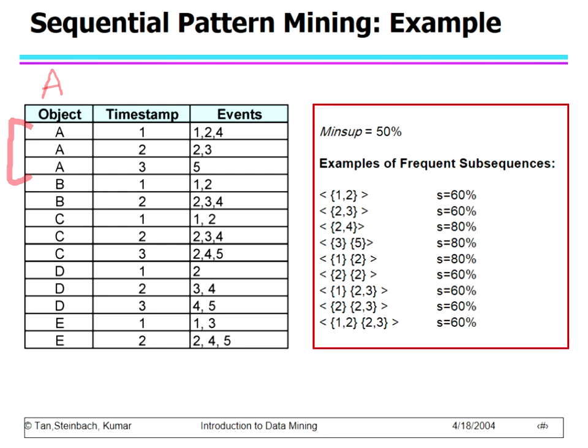A, and after that, this is the sequence. So the first event is 1, 2, 4. After that, the second, so this is the first one.